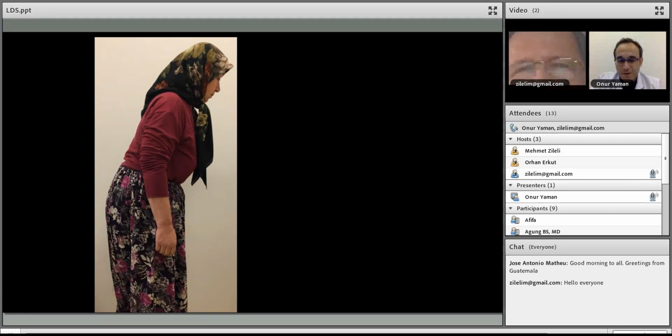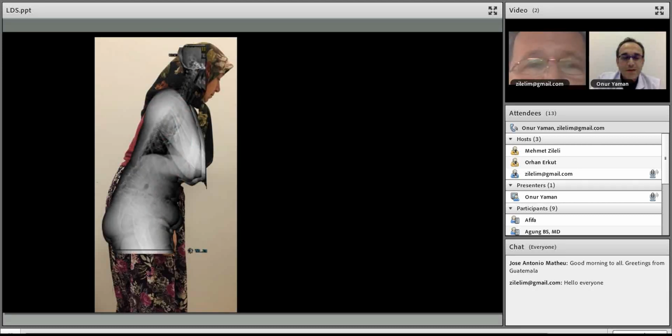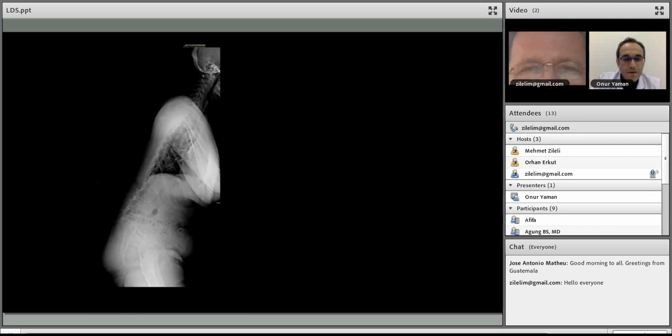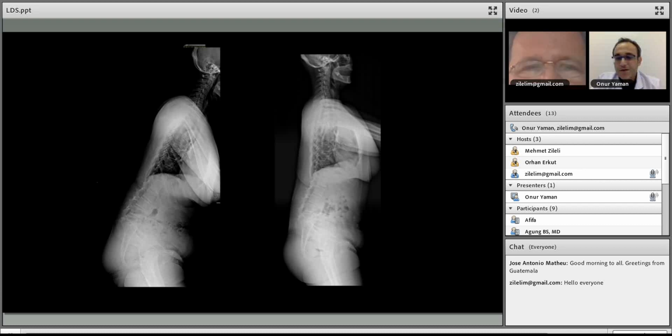We had a patient like this woman who was admitted to our outpatient clinic. The patient was standing, bending forwards. We took an X-ray. The real X-ray was on the left side, but this patient came to us with this X-ray. The left one is the right one. The right one is the corrected one.